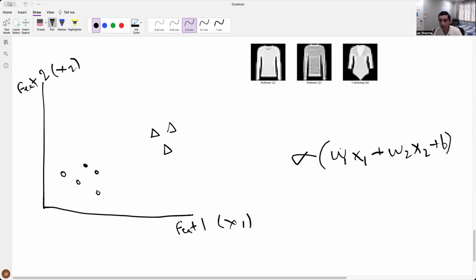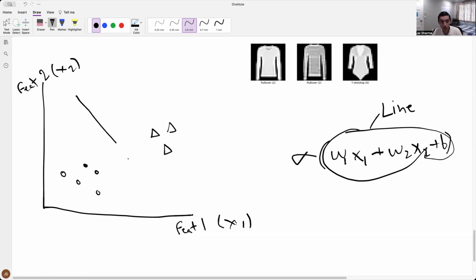This right here is the function of a line, right? Because this is a function of a line, it will use a line to separate these two. It will always be specifically a line, nothing else. It won't be a curve, unless you use a neural network, in which case you're doing more than just this.